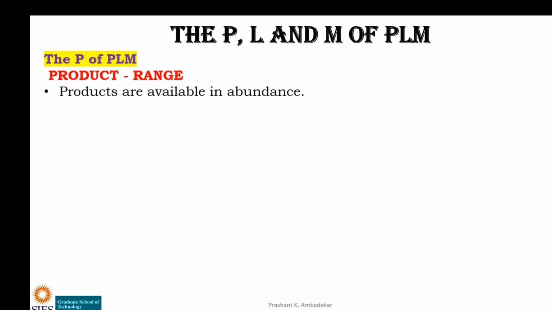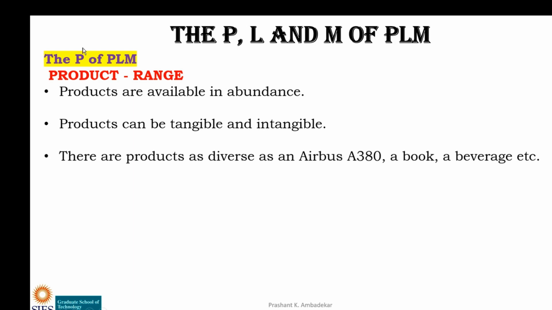Then, products are available in a range. Products are available in abundance. There are so many products, a huge range of products in the market. And a product can be, as I told you, tangible or intangible. A tangible product can be touched, and intangible products cannot be touched. And in the first importance itself I told you there can be different types of products.